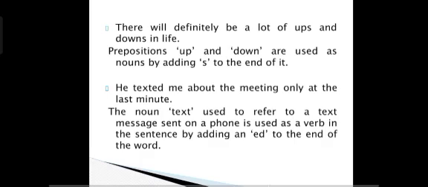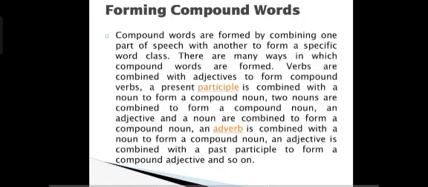So mostly ed is used at the end of the word by converting a noun to verb. Compound words are formed by combining one part of speech with another to form a specific word class. Example, there are many ways in which compound words are formed. Verbs are combined with adjectives to form compound words, or a present participle is combined with nouns to form a compound noun.